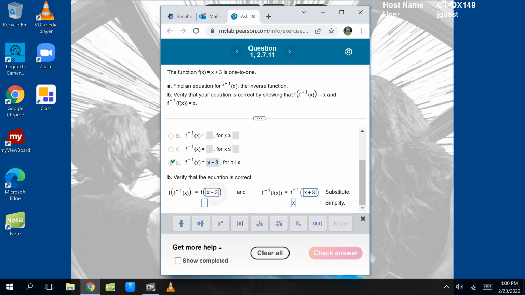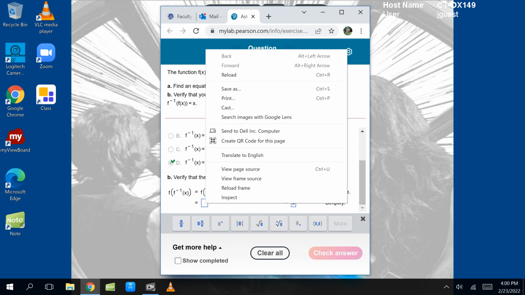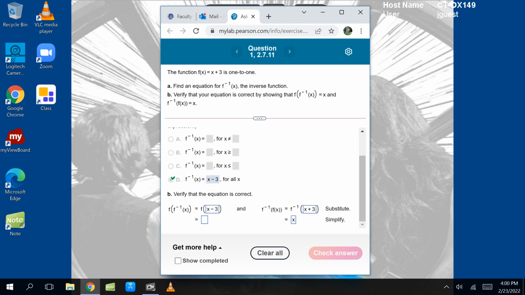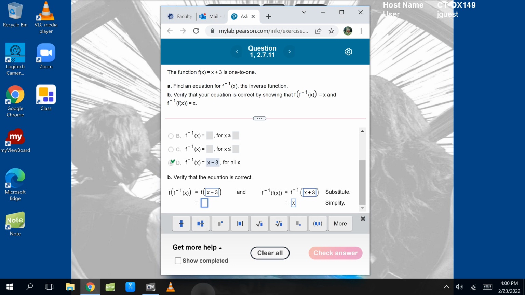I don't know what to do at this point because I'm not in the program anymore. It's just not letting me click. Just hold it there for a second. Do you see anything? I don't want to cast, inspect, back, forward, reload. There it is. It's in there.